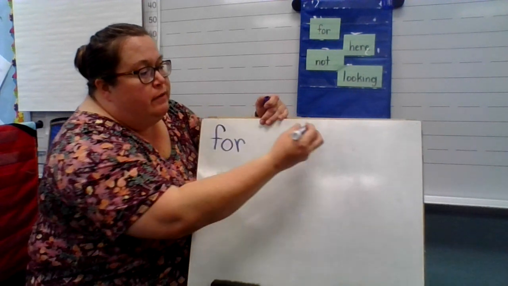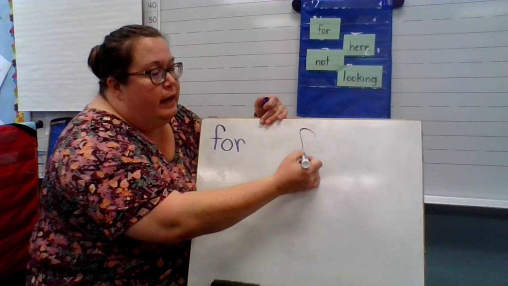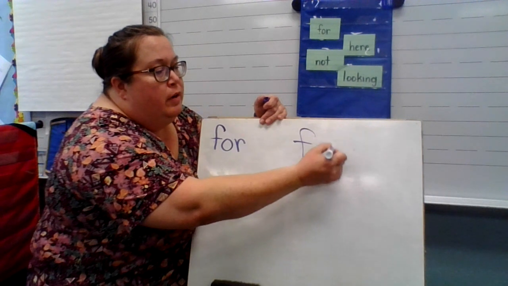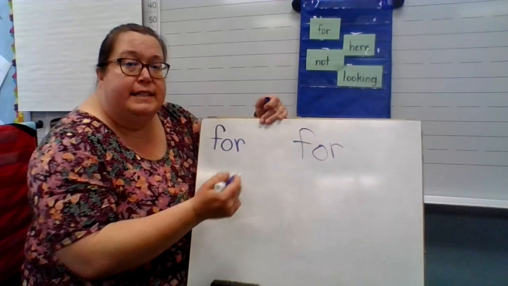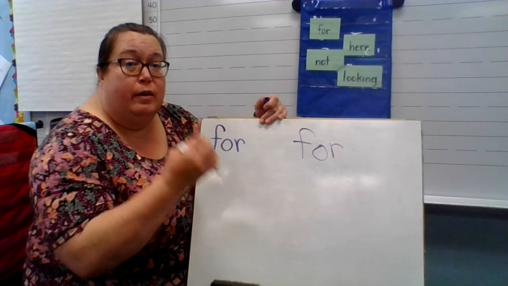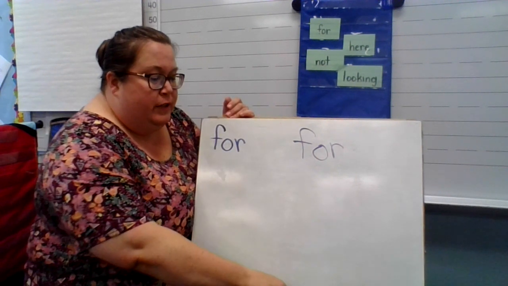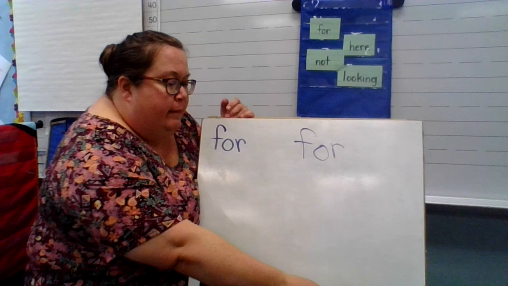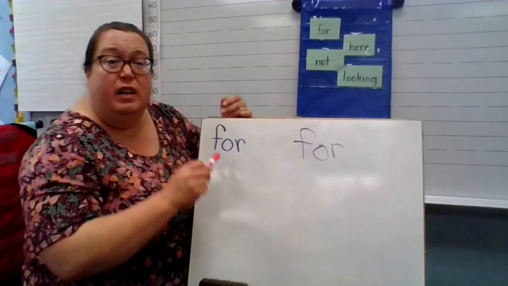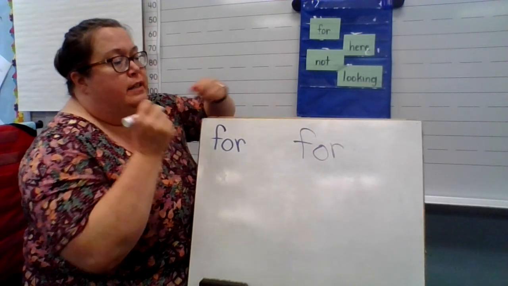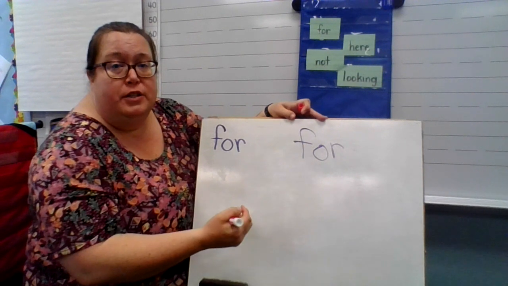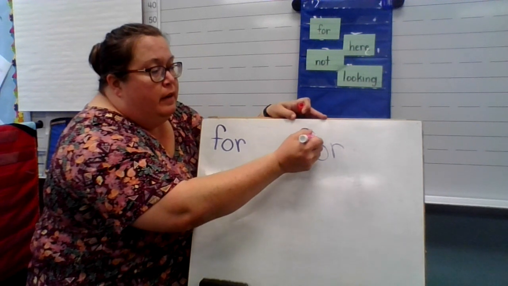So we are going to write this word for, F-O-R. And you notice as I'm writing it, I am saying it as well with my mouth, okay? And then you're going to switch colors. I used purple. I'm going to use pink next. You can use whatever color you want. And I'm going to write right over what I just wrote, okay?